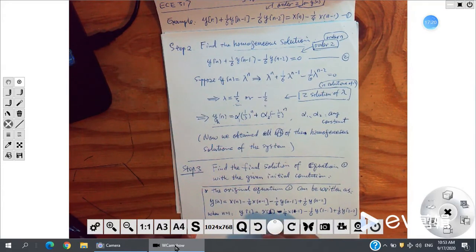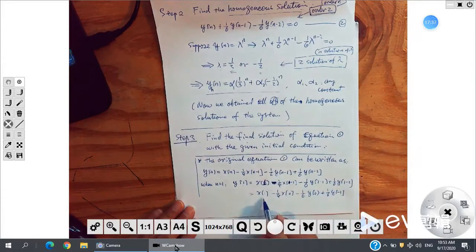And this is x of 1 minus 1/4 x of 0 minus 1/6 y of 0 plus 1/6 y of negative 1. So you see, if you want to determine y of 1, you need y of 0 and y of negative 1.